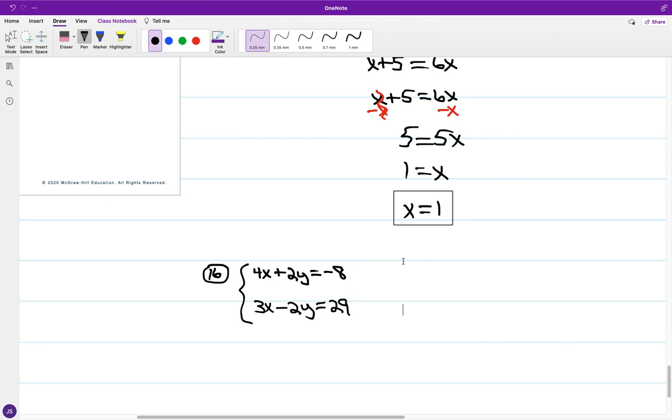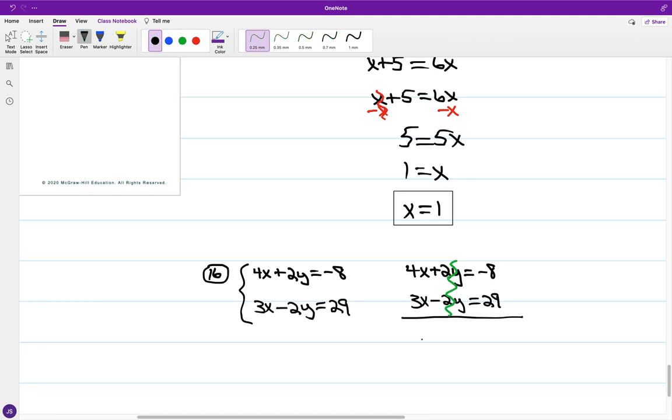So I can set things up where I can go ahead and solve for x. So for this system, the positive and negative 2y will cancel out.